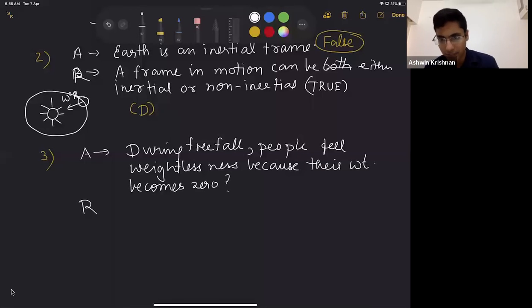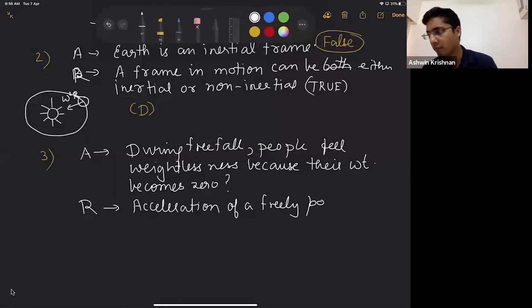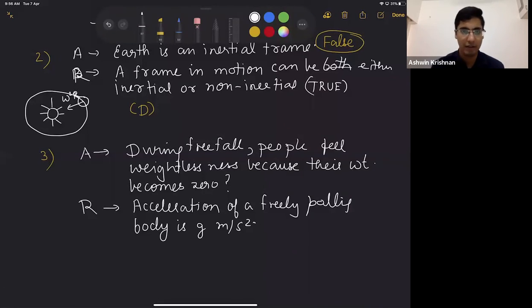And the reason given is: the acceleration of a freely falling body is g meters per second square. Okay. Again, I'm going to raise the poll.